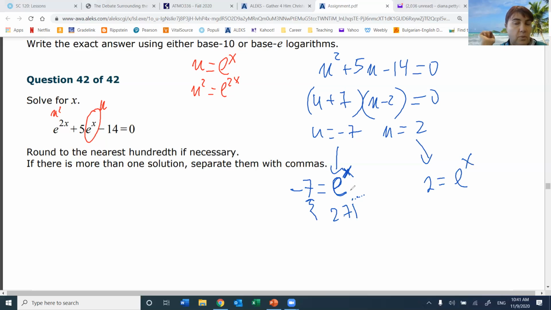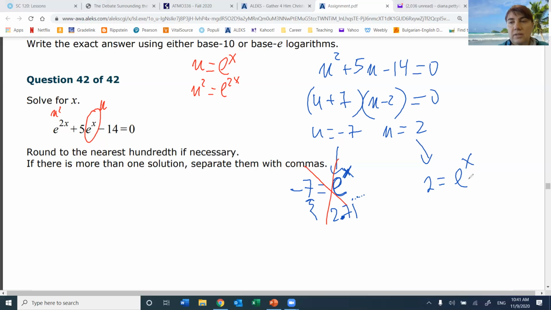Because the exponent is just multiplying. You cannot make a positive number negative by multiplying it somehow. So then this one is not a solution, the first one.